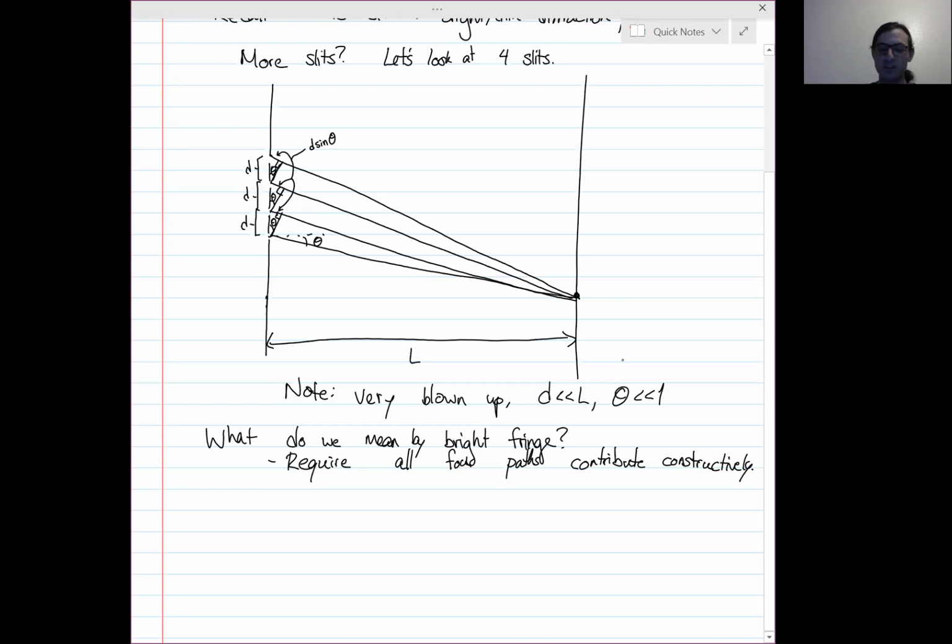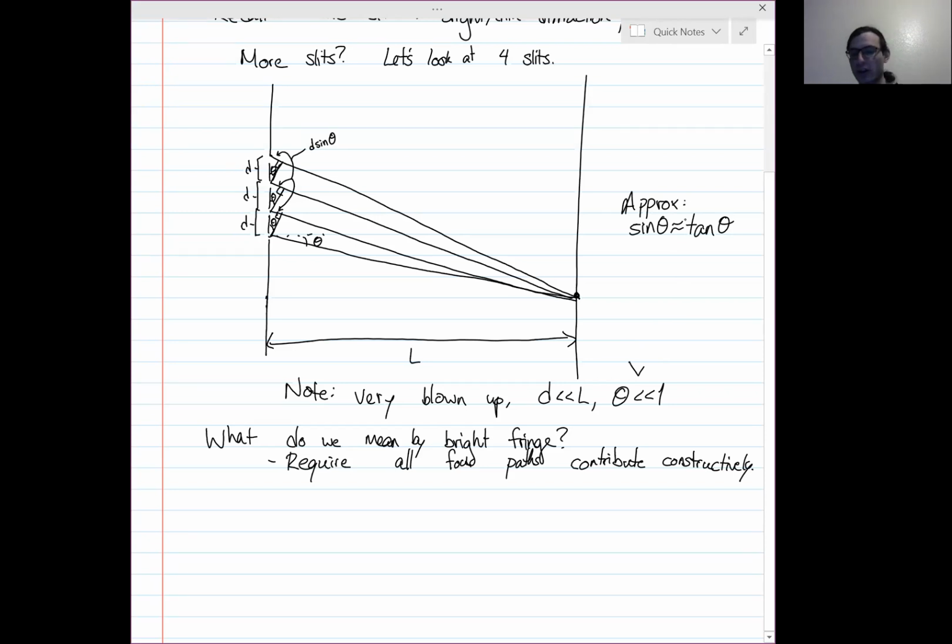Theta being much less than 1 means it's a small angle. The reason we have to do that is because otherwise what will be required later is no longer true, right? Because we use this approximation that sine of theta is equal to tangent of theta a lot, and that's only true when the angle is small.